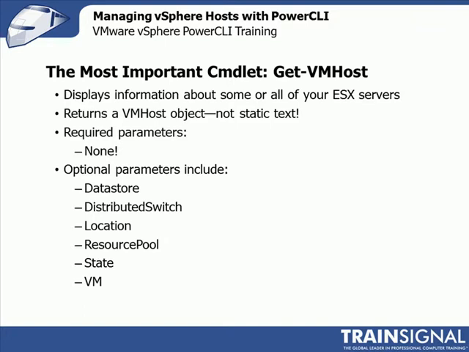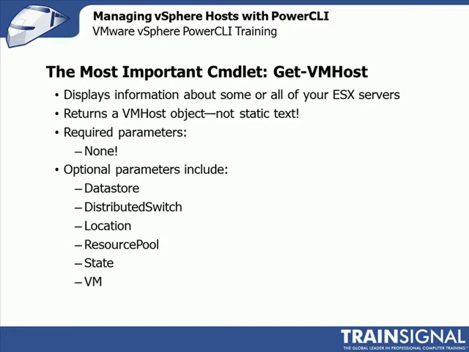So if you have a datastore and you want to see which ESX servers are connected to that datastore, you could do that. If you want to see which ESX servers are connected to a certain distributed switch, you could do that. If you want to see which ones are located within a cluster or a folder, or a data center, you could do that with the Location parameter. With a resource pool, you could see which ESX hosts have a certain resource pool.